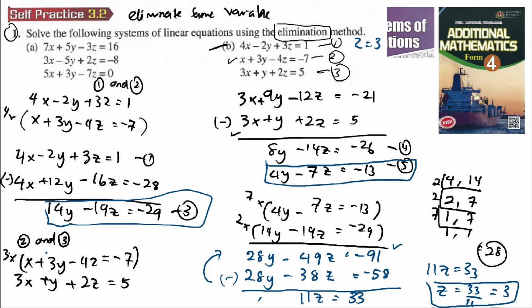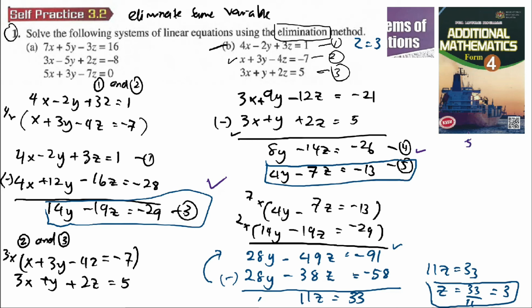Okay, so you can choose this one or this one, you can choose any of these to get the value of y, because this one you have y and z. So when we know the value of z, we can get the value of y. So I want to use number 5. Depends on you, but because I see that the value of z here is smaller, so I don't have to multiply to get a large number.